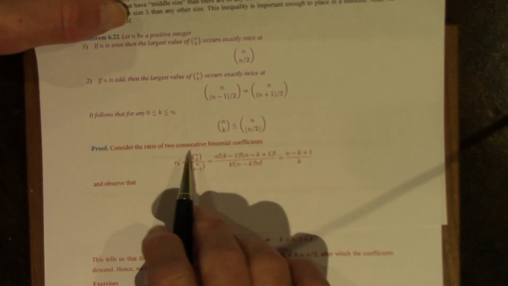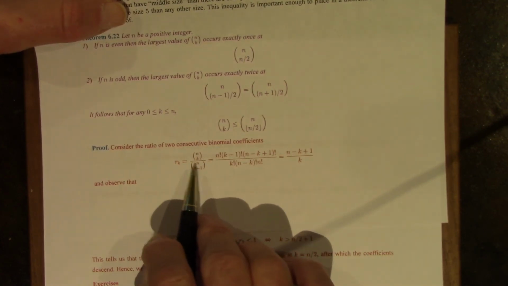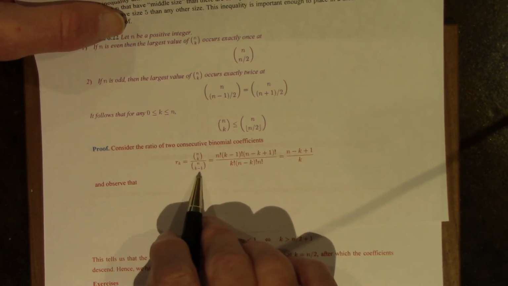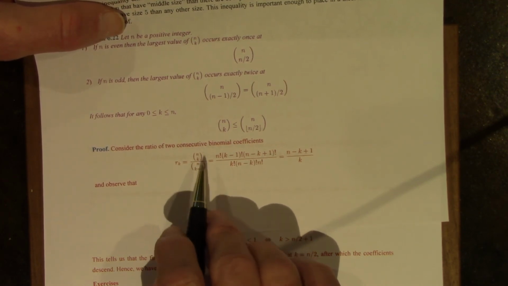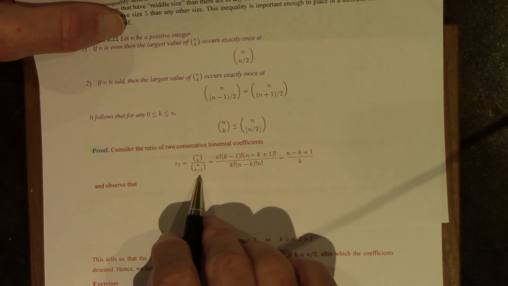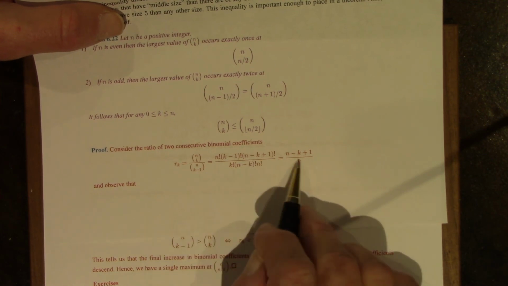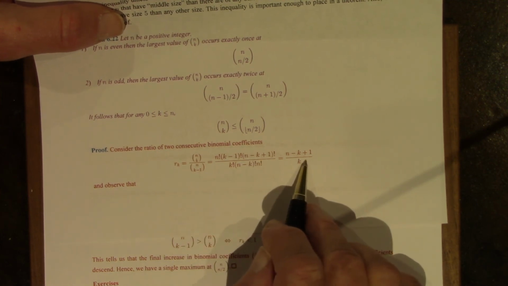As for proof, one way is to consider the ratio of two consecutive binomial coefficients. I put n choose k in the numerator, n choose k minus 1 in the denominator. Write it out in terms of factorials, and it cleans up quite a lot.